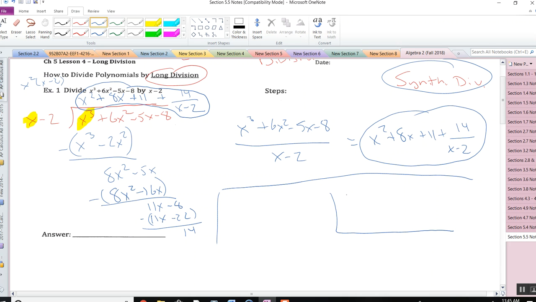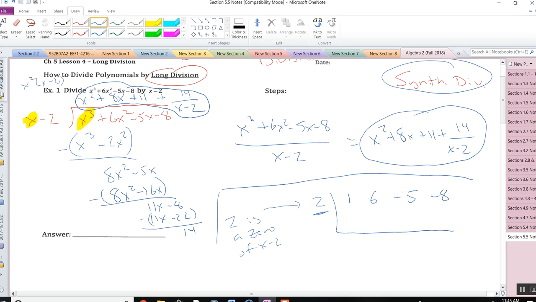I'm going to put the coefficients of the big polynomial in here, and I'm going to put a 2 on the outside. 2 is the zero of x minus 2. Whatever makes the denominator 0 is what we're going to put right here, because x minus 2 is our denominator. So I'm going to put a 2 right there, and the coefficients I'll put in here.